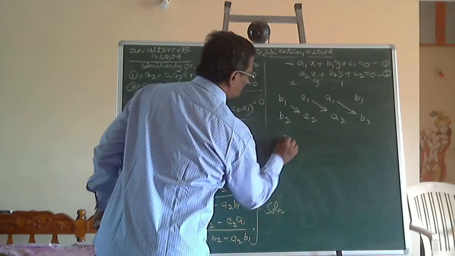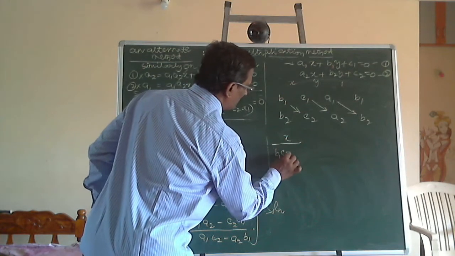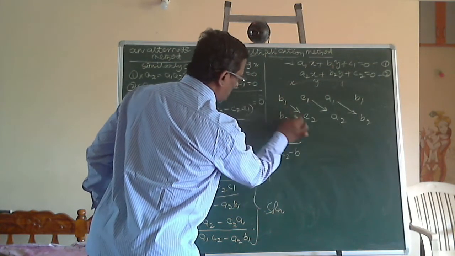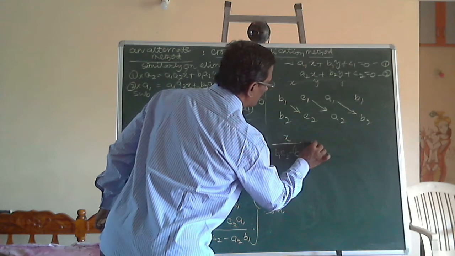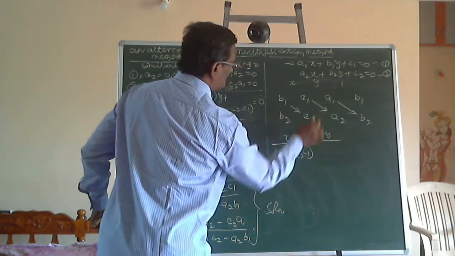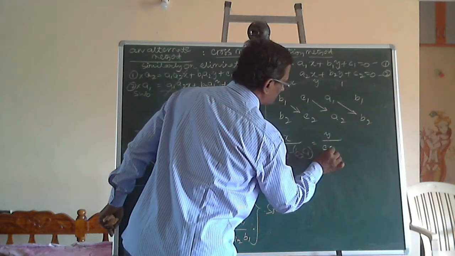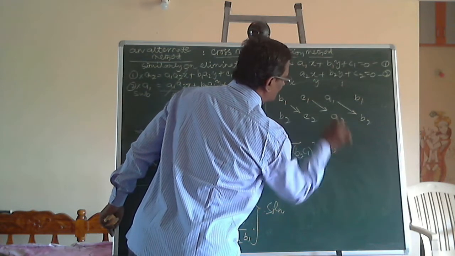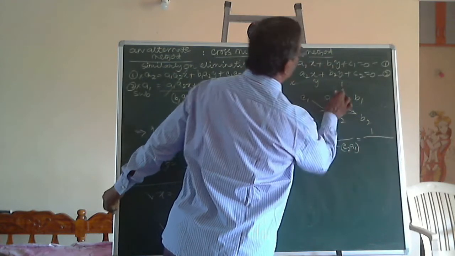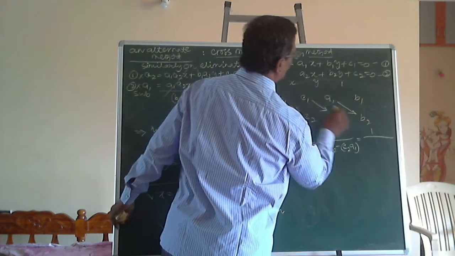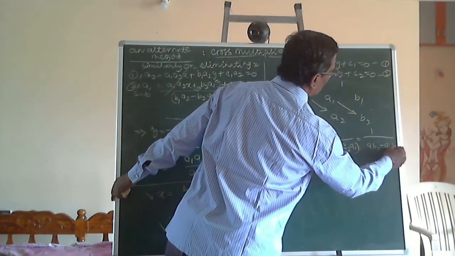Now, x divided by b1 c2 minus b2 c1, and y is in between these two, therefore y divided by c1 a2 minus c2 a1 is equal to 1 divided by a1 b2 minus a2 b1, where a1 b2 is the main diagonal.